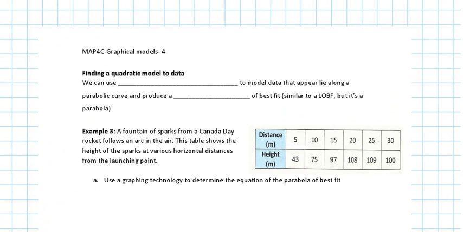Some relations are quadratic, some relations are something else, right? So we have to be careful of what question number 1 is asking us, but at the same time we have to look at our data. When we graph our data, we have to see if they look linear, exponential, or quadratic, and how they fit.